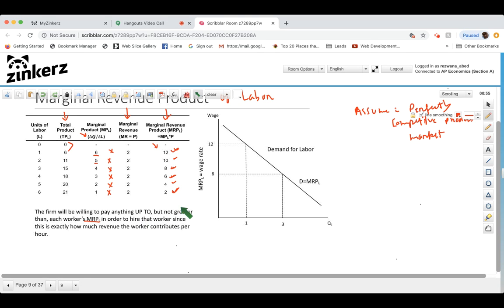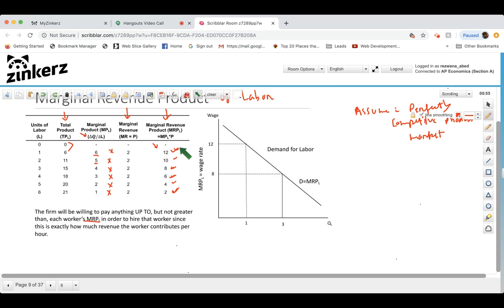So then what we see here, if we were to plot the marginal revenue product against the quantity of labor, is that this MRPL is equal to the wage that farms would be willing to pay in order to hire each worker.